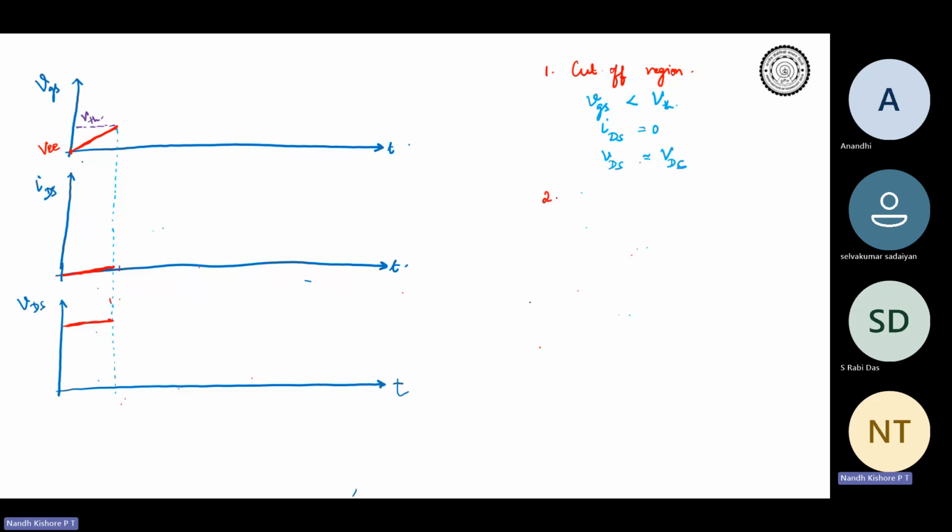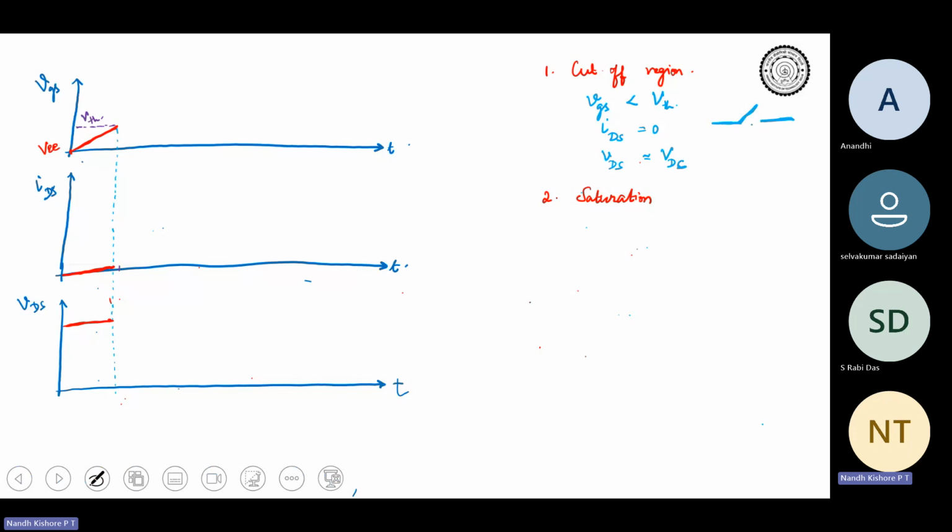Next comes the on period, when the device turns on. It can either be in the saturation region or in the ohmic region. In the cutoff region, the device is totally turned off, and the equivalent representation is something like this.